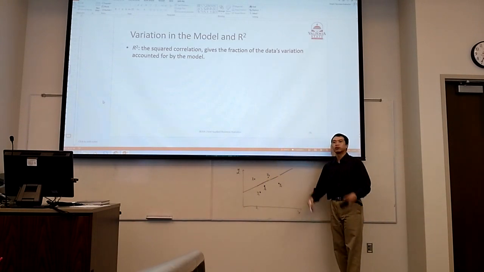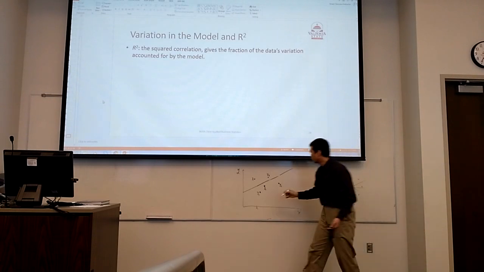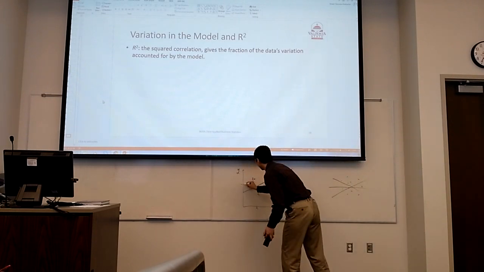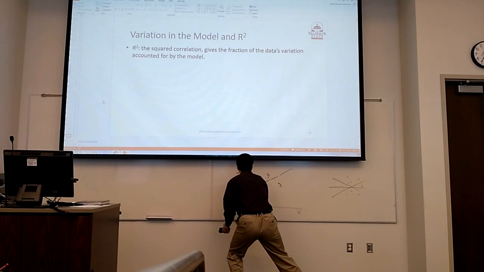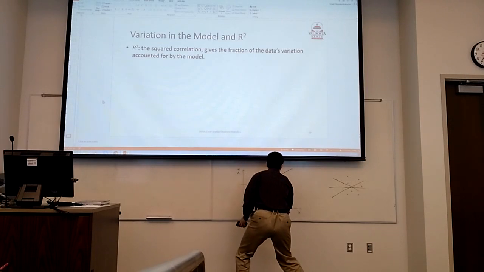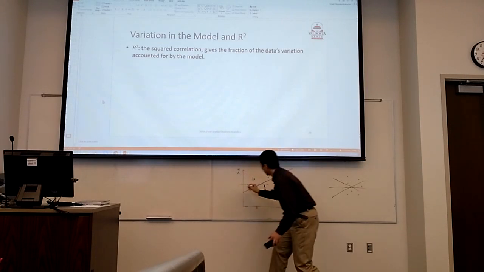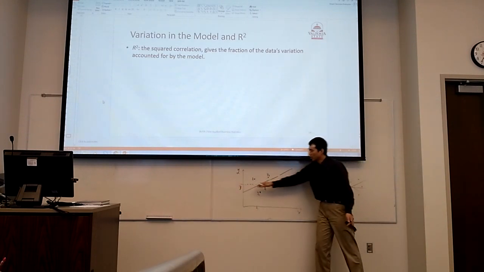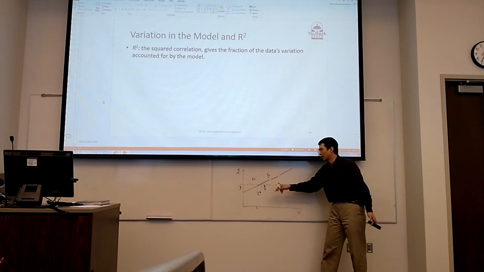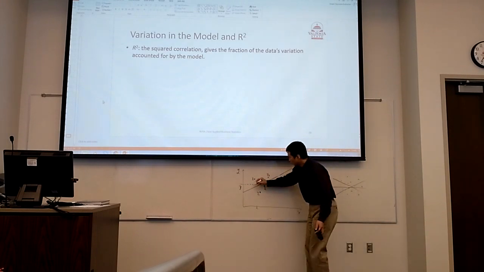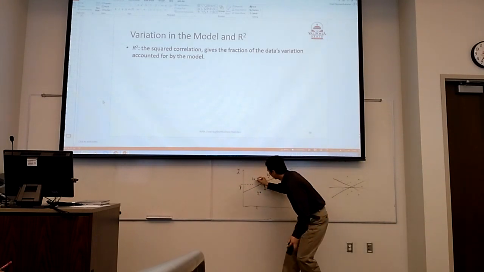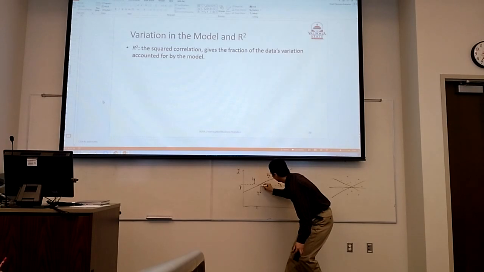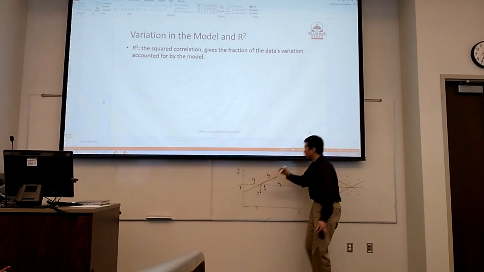If we calculate the mean of y, for example, the mean is here. This is y bar. The mean value of those y is here. We know there are some differences, some variation, and so on and so forth.